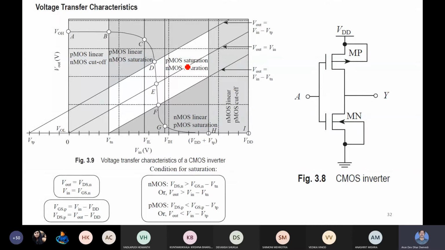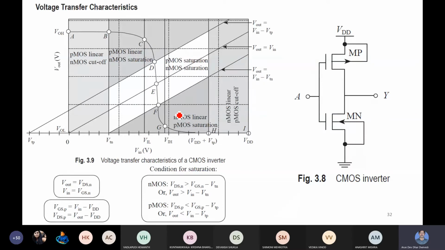Also for the NMOS there is another line, because the NMOS threshold voltage VTN is somewhere here, while the PMOS threshold voltage is on the negative side. From the threshold voltage you draw a straight line, and it cuts somewhere, so that is another boundary. Similarly, from the threshold voltage of the NMOS you draw one line that decides the boundary between the linear and saturation regions of the NMOS.